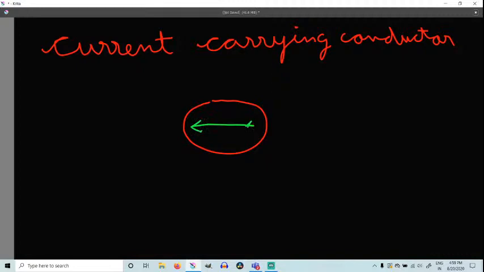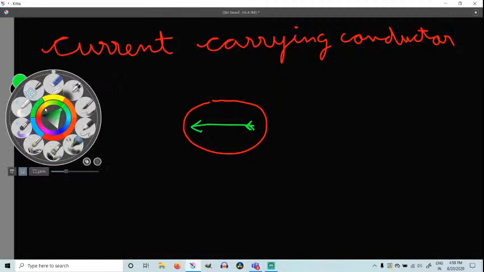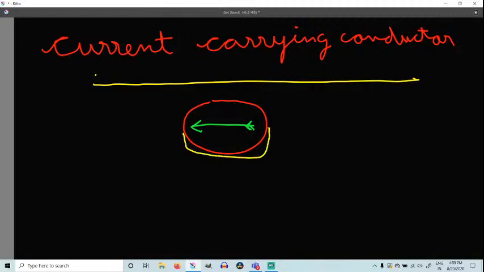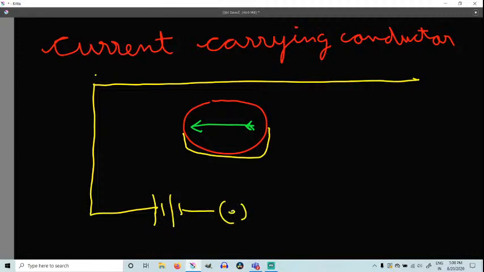I keep it like this, and then I place a conductor on top of this, which means that the needle is lying on the table and I have placed a conductor on top of it. Now I attach this conductor with a battery and a plug-in key.